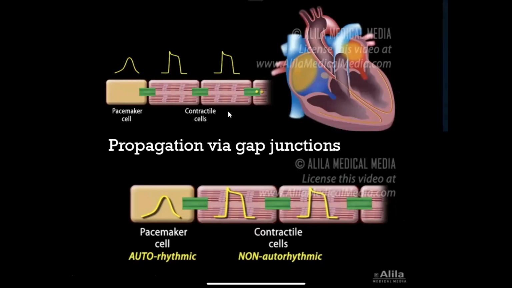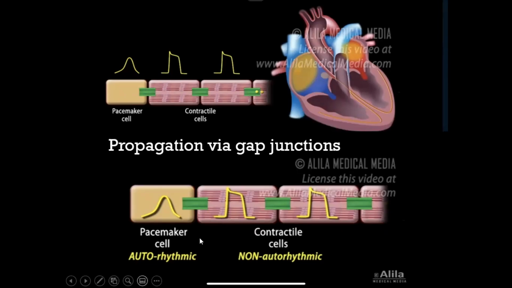It's different from your peripheral nerve or skeletal muscle action potential, where they rely on a current sink. But here it's via the gap junction. Your skeletal muscle or peripheral nerve needs an external stimulus, like heat or a stretch or something like that, to cause the action potential to develop.